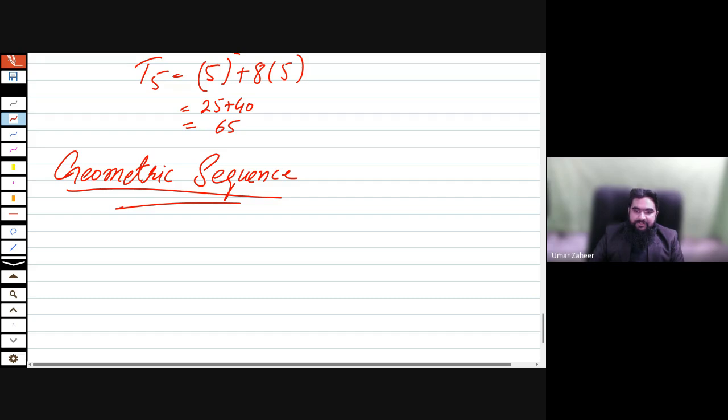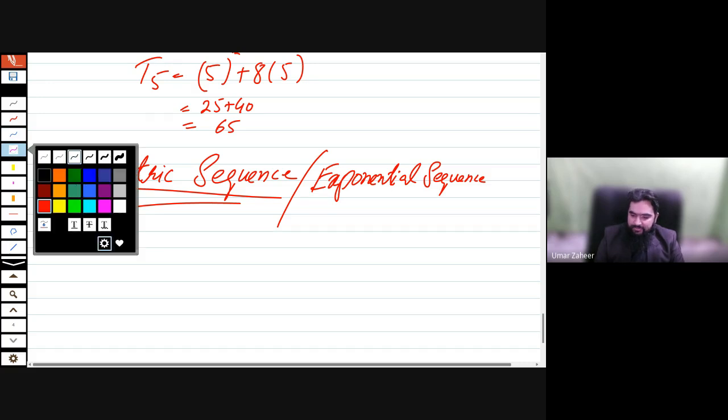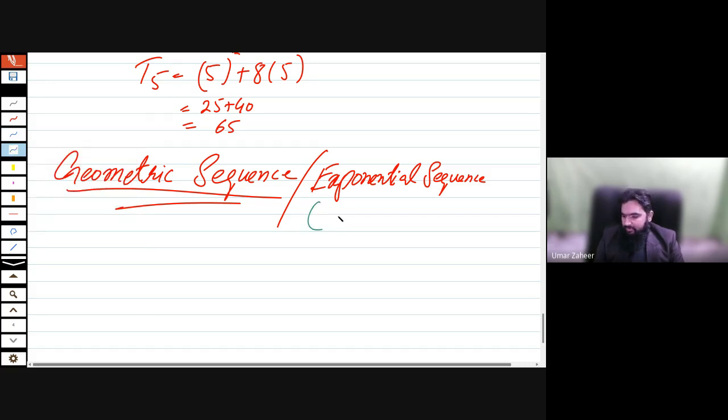In a geometric sequence or exponential sequence, you are going to get a common ratio between two consecutive terms.